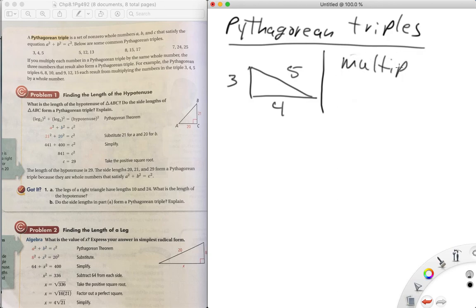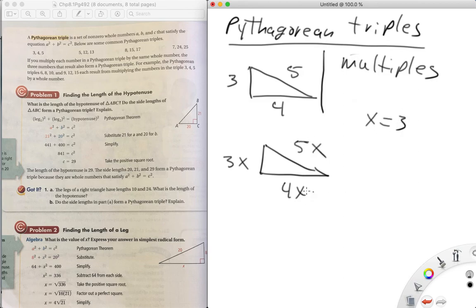Like, what do you mean by multiples? So instead of saying 3, 4, 5, I'll say 3x, 4x, 5x. And let's say that x equals 3. So then this would be renamed to 3 times 3 is 9, 12, and 15.